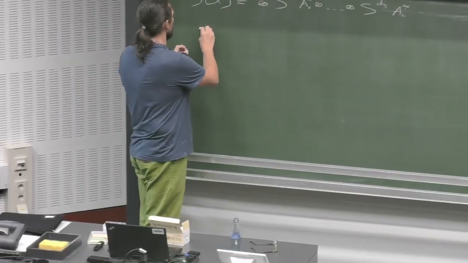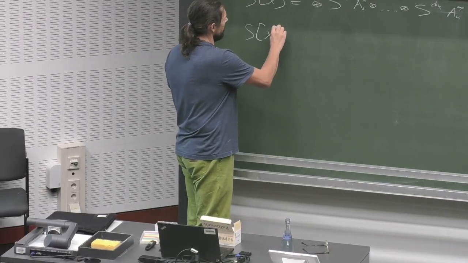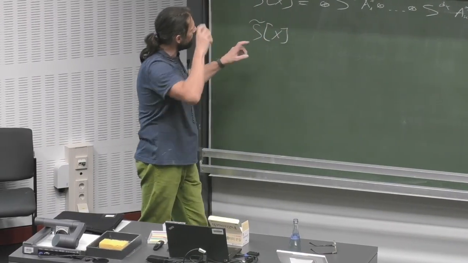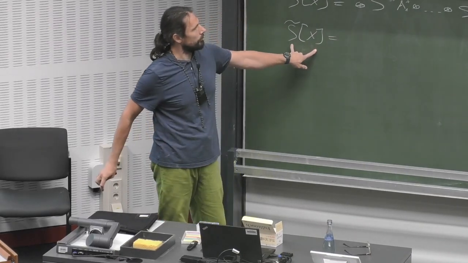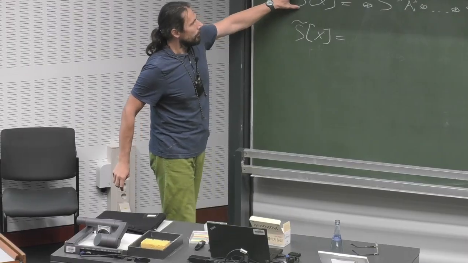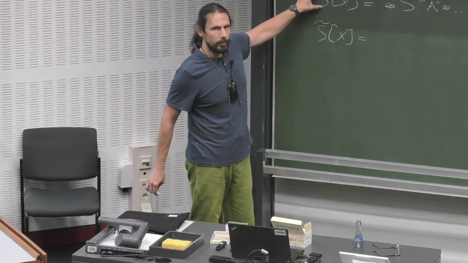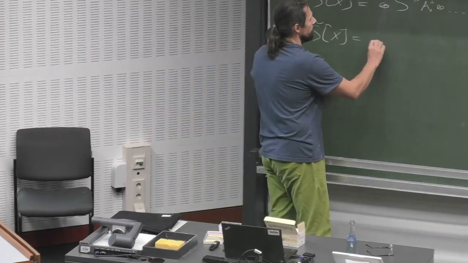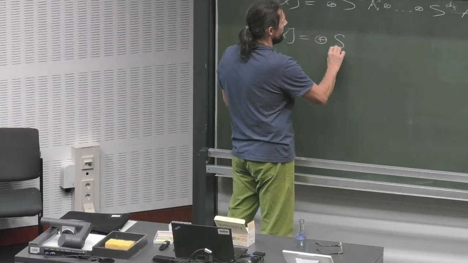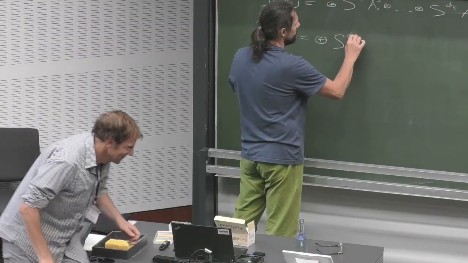I don't really care about the polynomial ring structure here, so I only look at it as a vector space. And this is a kind of dual of that, the so-called graded dual, the direct sum of the dual spaces.